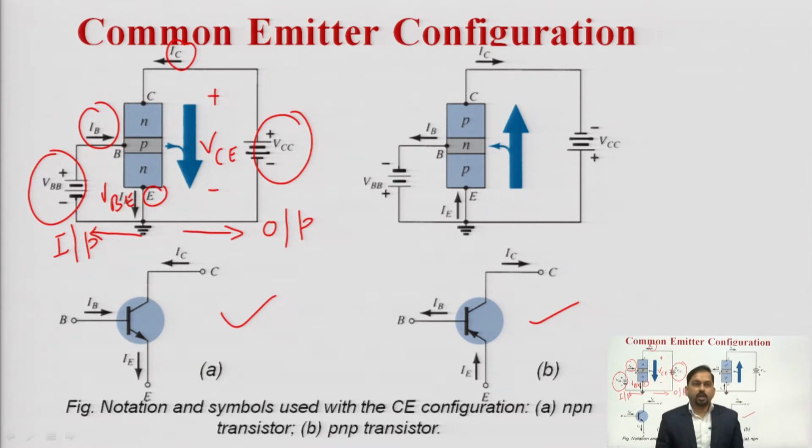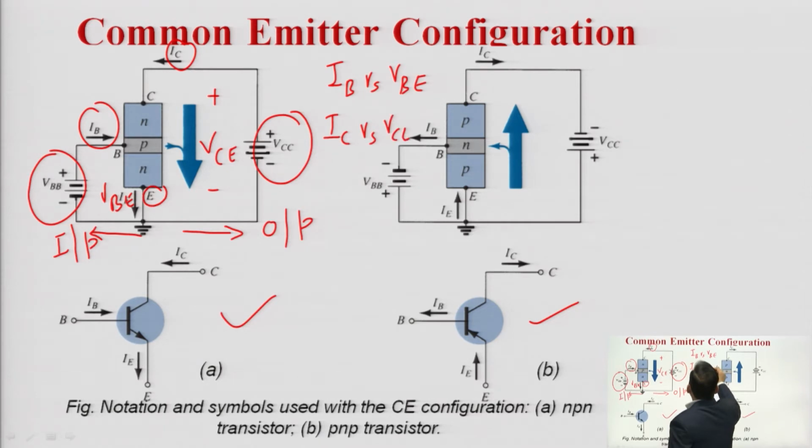So, we are drawing the input characteristics and output characteristics. Input characteristics is between IB versus VBE, and the output characteristics is IC versus VCE. We will see IB versus VBE for different values of collector to emitter voltage VCE.